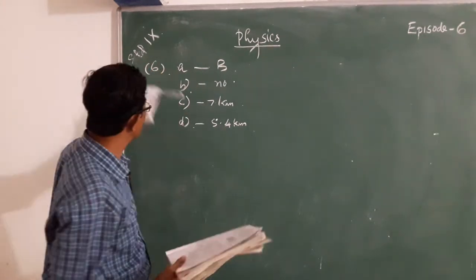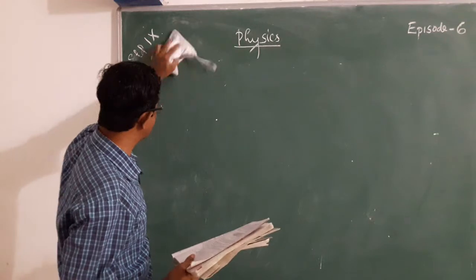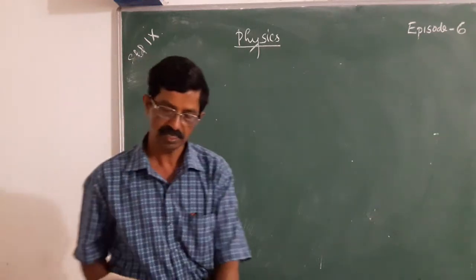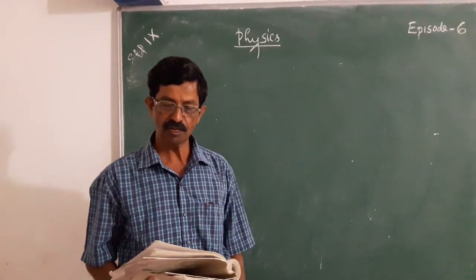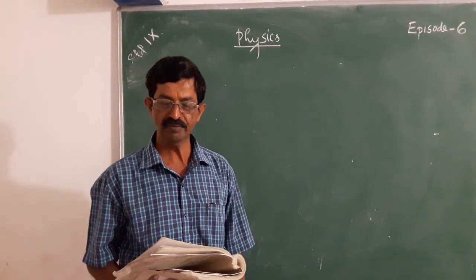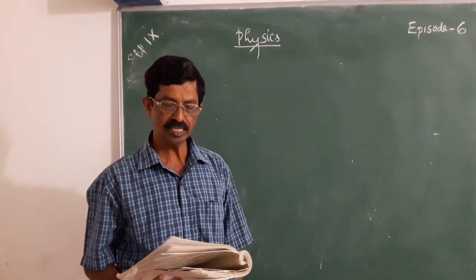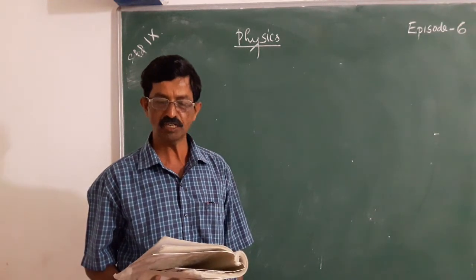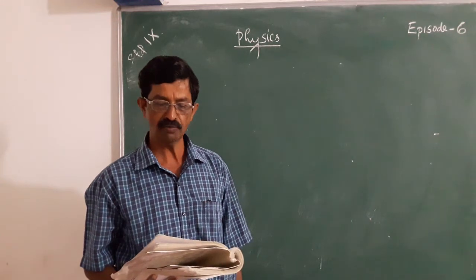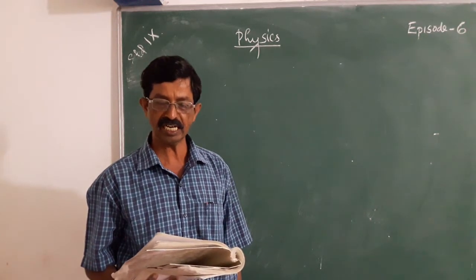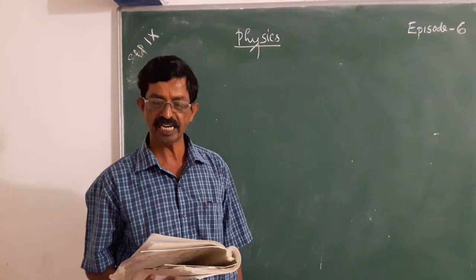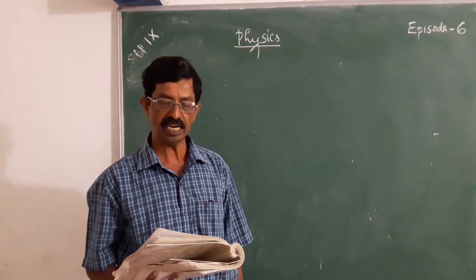Now comes question number 7. A ball is dropped from a height of 20 meters. Its velocity increases uniformly at the rate of 10 meters per second. With what velocity will it strike the ground? After what time will it strike the ground?